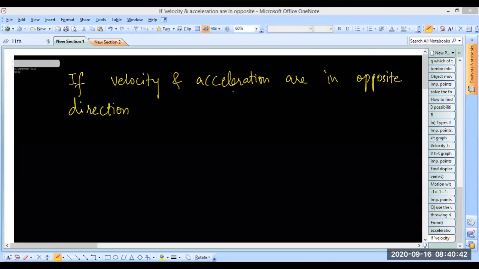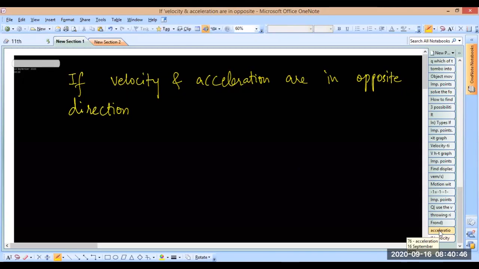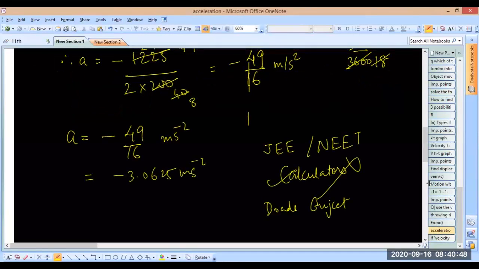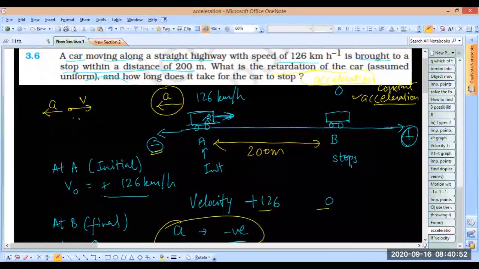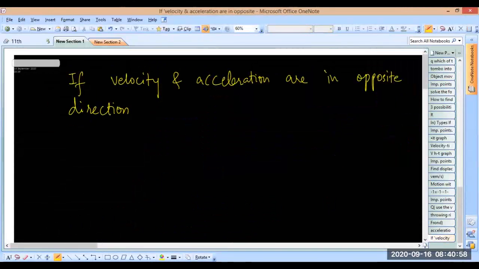If velocity and acceleration are in opposite direction, like we had here, right? We had it here, correct? If you look at this, the velocity was towards the right side, but acceleration was towards the left side, negative. Positive velocity, negative acceleration, opposite direction. So if velocity and acceleration are in opposite direction, speed of the object decreases.